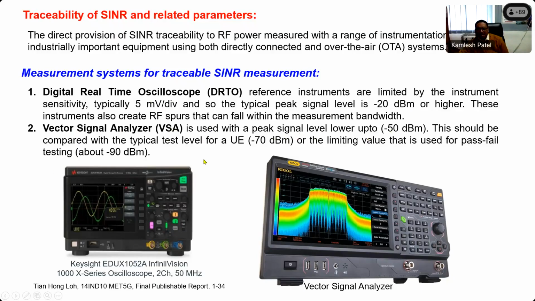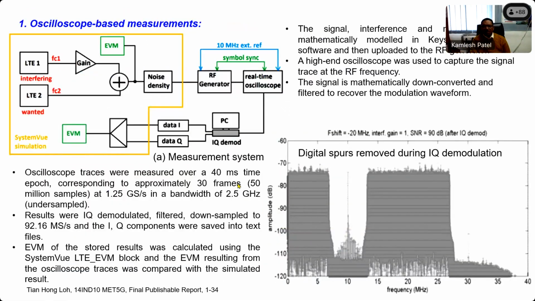It can easily measure very small signals, and this should be compared with a typical UE, user equipment, level of -70 dBm, or a pass-fail value of, let's say, -90 dBm. So the vector signal analyzer is able to analyze signals less than -50 dBm with sufficient accuracy.